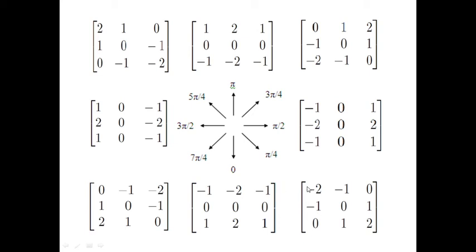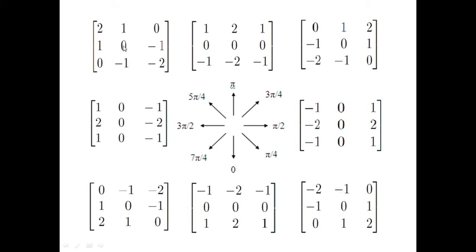So as I have said, if this is my H0, this is my H1, H2, H3, H4, H5, H6, H7. It need not be H0. I can consider this one also as an H0. Okay. So this H0, right?